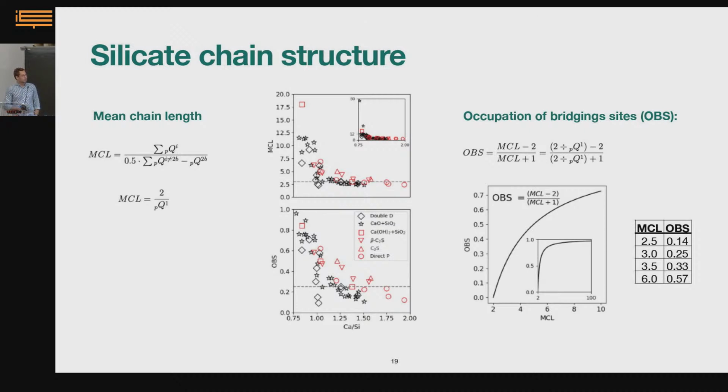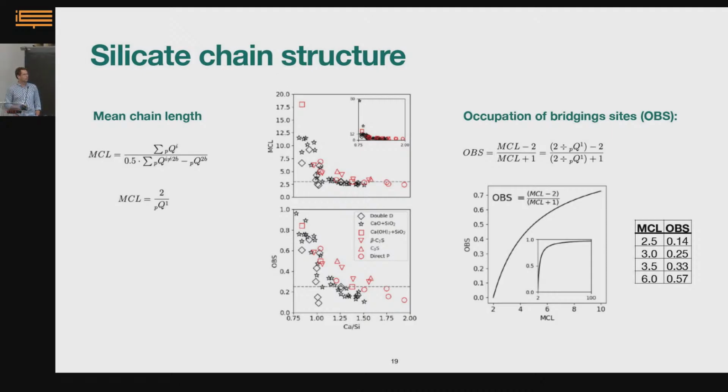There's one thing. The other thing is that when you plot it from 0 to 1, how many bridging sites you have, the OBS, you can actually plot all of the data on the same plot. Your mean chain length doesn't go to 100, 200. So you can nicely plot everything next to each other. And one thing you can see here is that I grouped all the data points by the different synthesis methods of CSH.